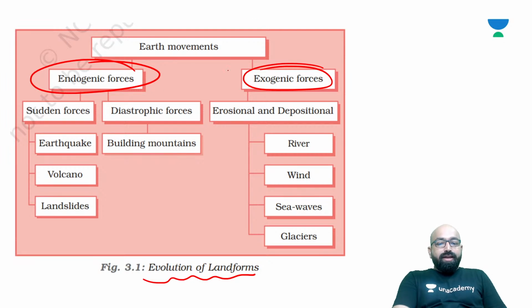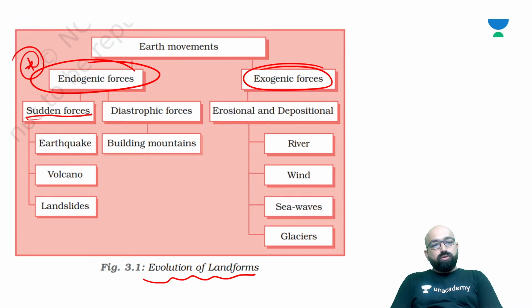Now, endogenic forces sometimes produce sudden movements, and at other times slow movements. Sudden movements are like earthquakes, volcanoes, and mass destruction over the surface of the earth, that is the landslides.